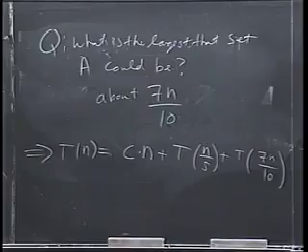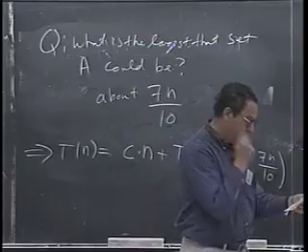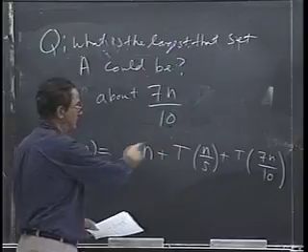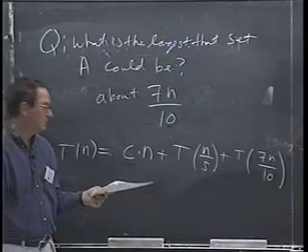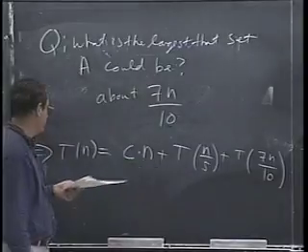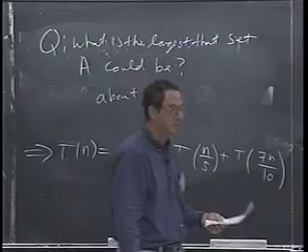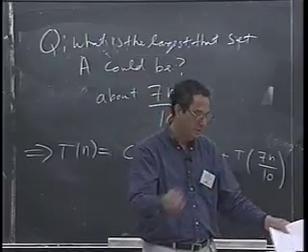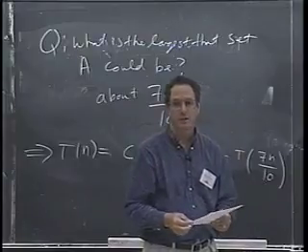Page 6. All right. Now, how do we solve this? We want to get a closed form solution for T of n. And this is actually where it's a little bit simpler. Rather than discovering the closed form solution by unwrapping or by other analytical tools, we're just going to cheat.